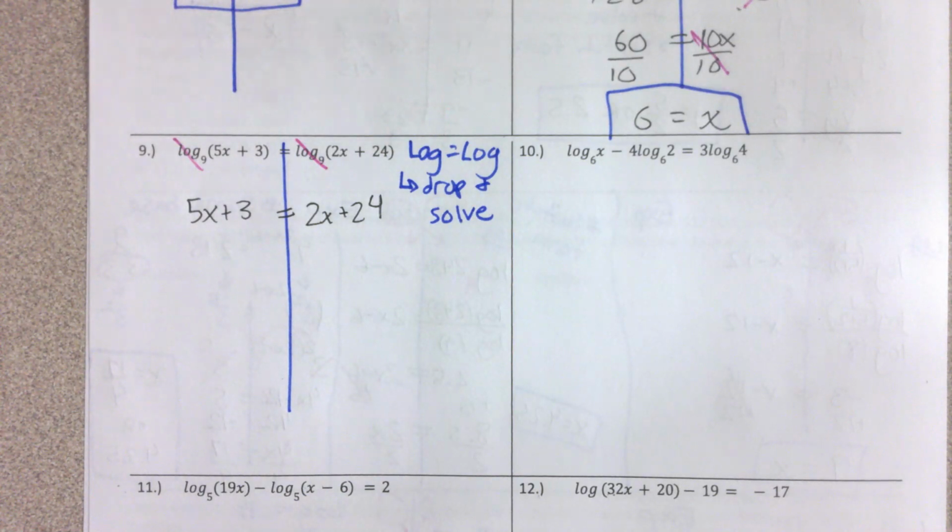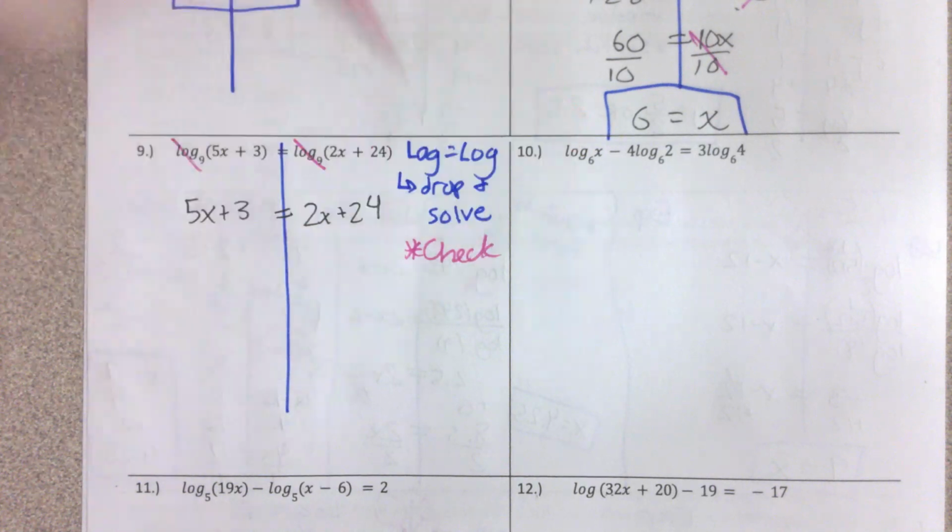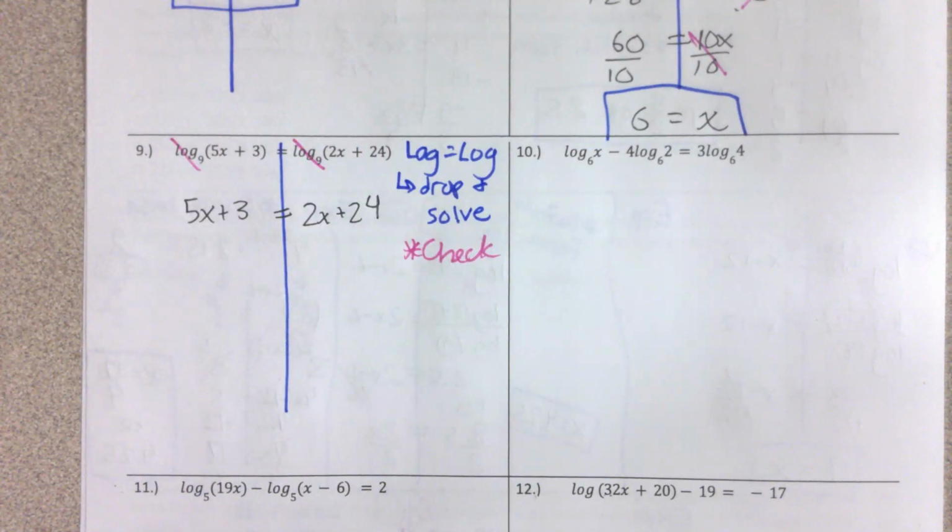And before I forget, this is one of the problem types that requires a check. When you just make logs disappear as if they weren't there in the first place, we can get some numbers that we're not supposed to get as our answers.